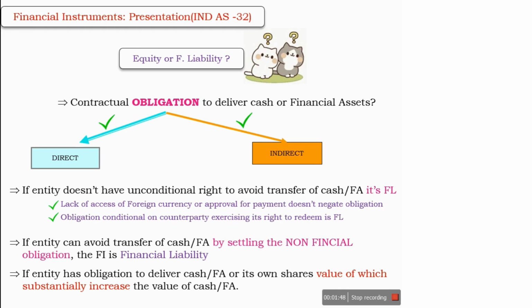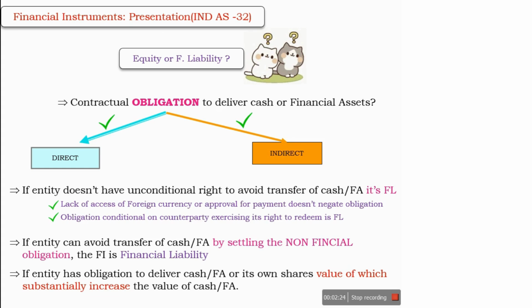For example, an entity has taken a loan of 5 million from a venture capital fund for a period of 5 years, and the contract states that after 5 years the entity will either deliver the corporate building to the venture capital fund or return the fund with the interest agreed upon. And the value of the building at the end of the 5 years is substantially high.